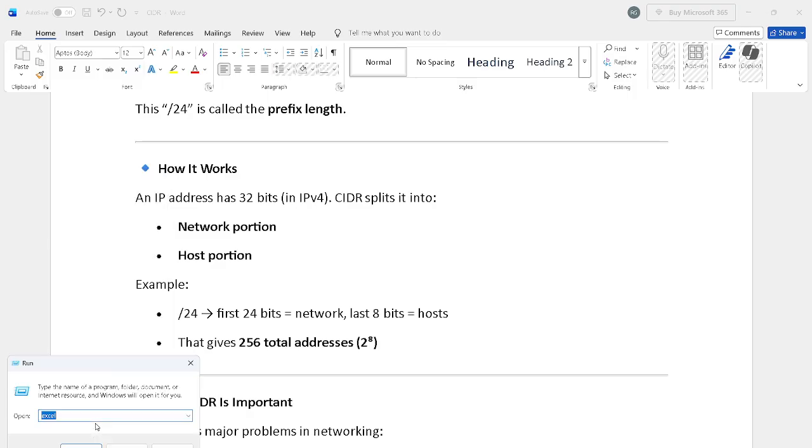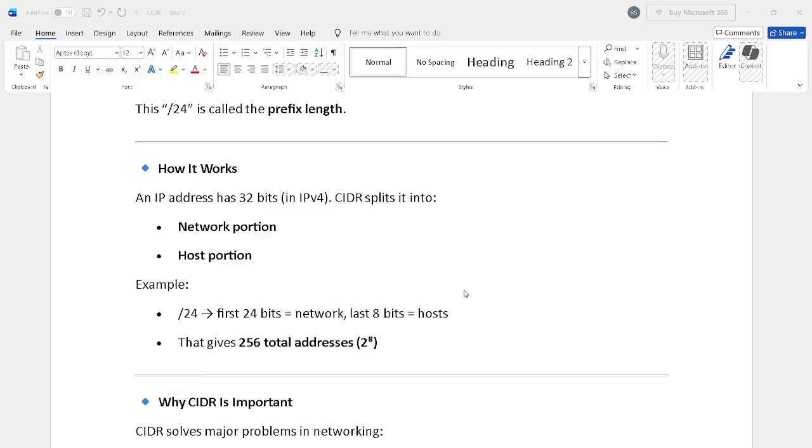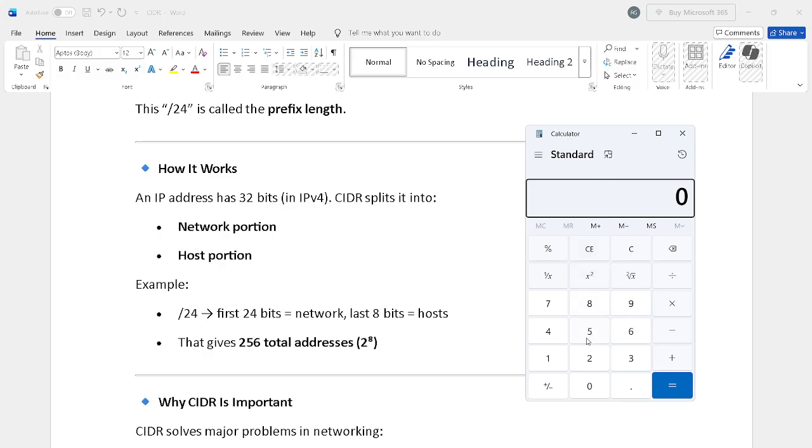I'll show you on a calculator. 2 to the power of 8 means 2 into 2 into 2 into 2 into 2 into 2 into 2 into 2, 8 times.